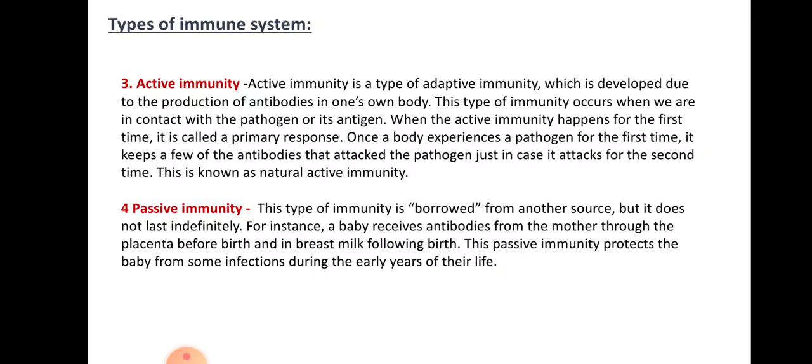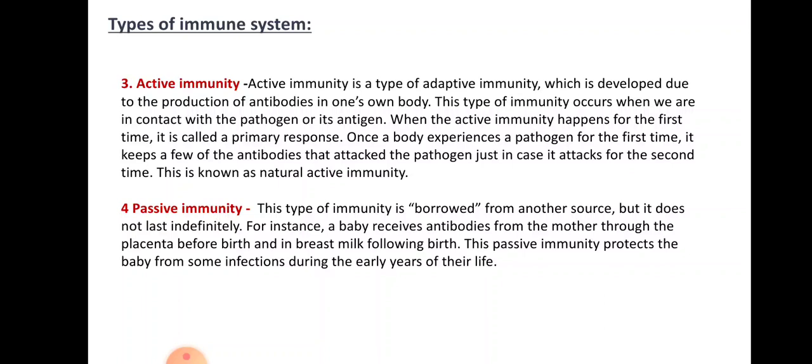When active immunity happens for the first time, it is called the primary response. Once a body experiences a pathogen for the first time, it keeps a few of the antibodies that attacked the pathogen just in case it attacks a second time. This is known as natural active immunity.